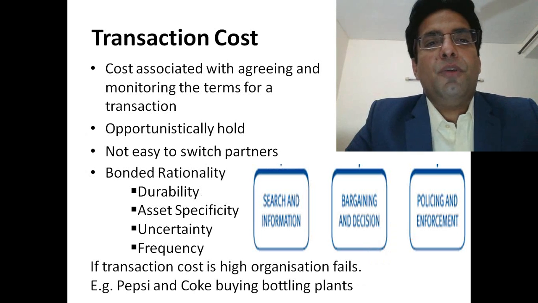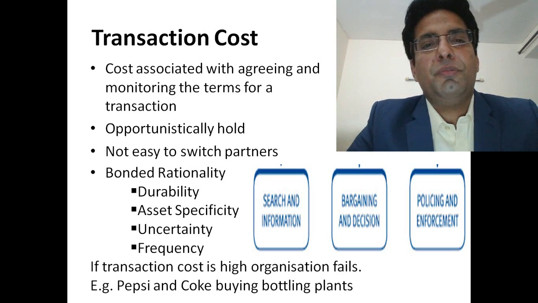The second most important thing to consider is the transaction cost, which is the cost associated with agreeing and monitoring the terms of the transaction. So let's say we are entering into a transaction where a vendor is to provide us some goods or service, and we are going to consume those goods or services.